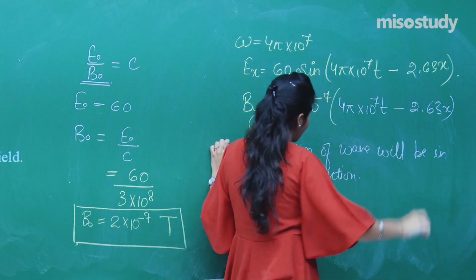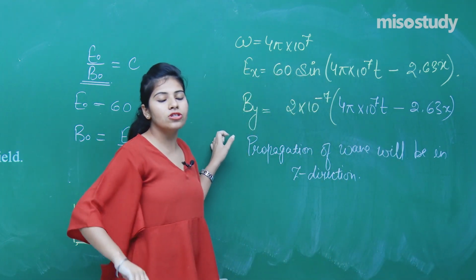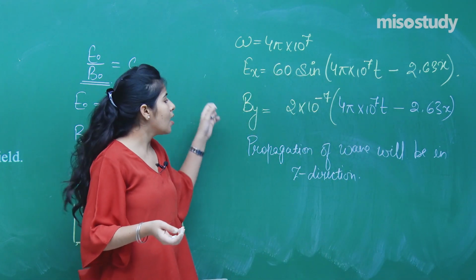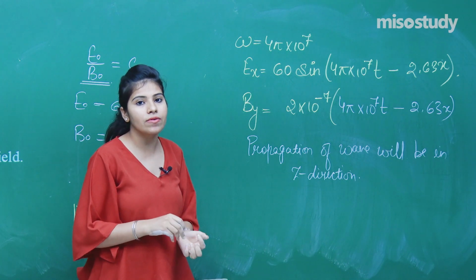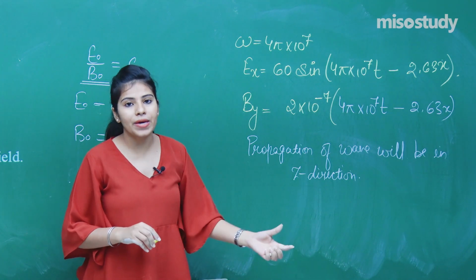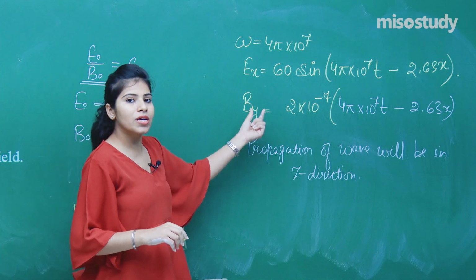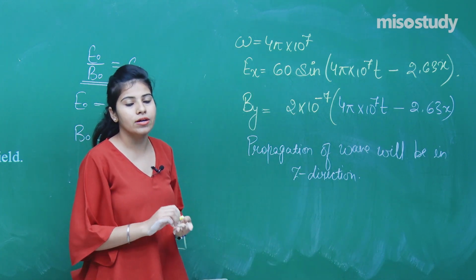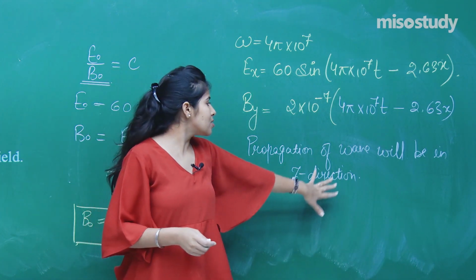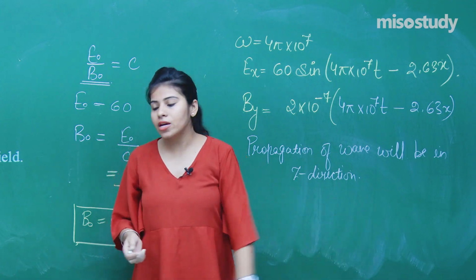Because I told you how we can find the direction of an EM wave: it is E cross B, and when you do E cross B, that will be a z vector. So on the z axis you will have the propagation of the wave.